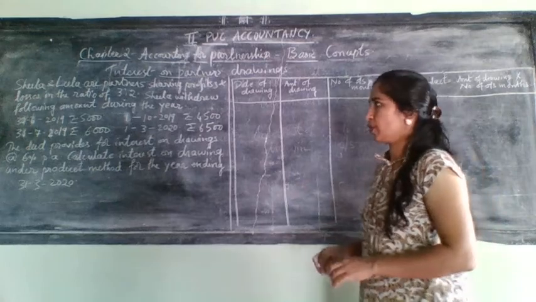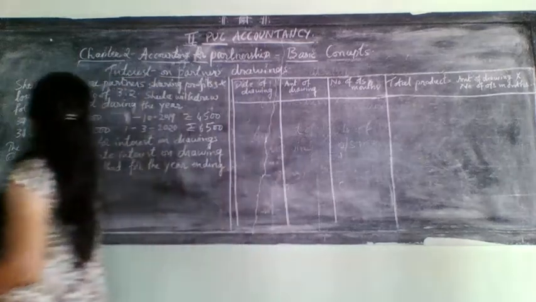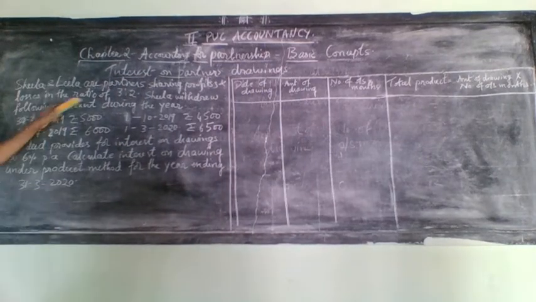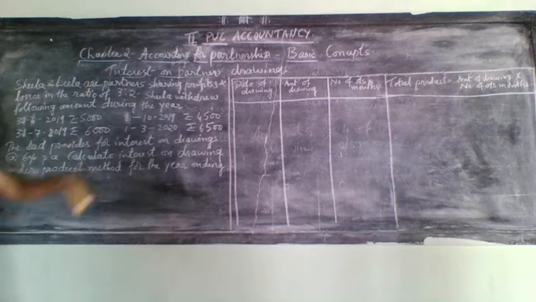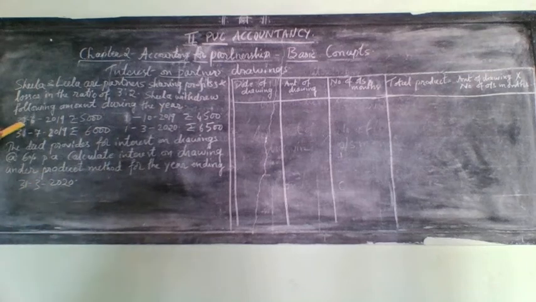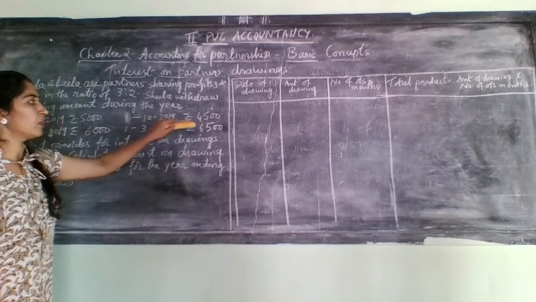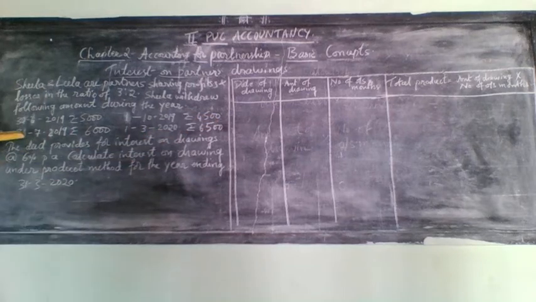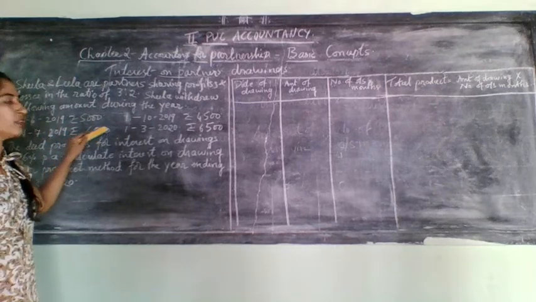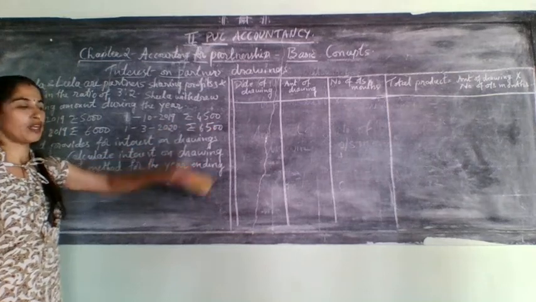Here is one problem. Sheila and Leela are partners sharing profits and losses in the ratio of 3:2. Sheila withdrew the following amounts during the year: 30th 6 2019 rupees 5000, 1st 10 2019 rupees 4500, 31st 12 2019 rupees 6000, 1st 3 2020 rupees 6500.